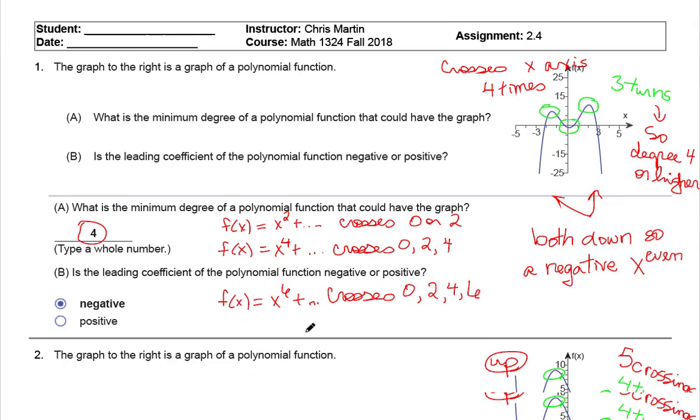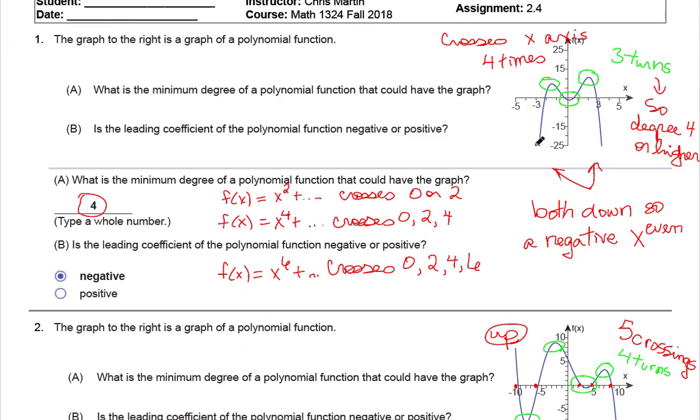Okay, back to our story here. So with both sides down, that has to be a degree that is even and flipped over. So what they're asking us is, what's the minimum degree that this polynomial could have? And is the leading coefficient positive or negative?